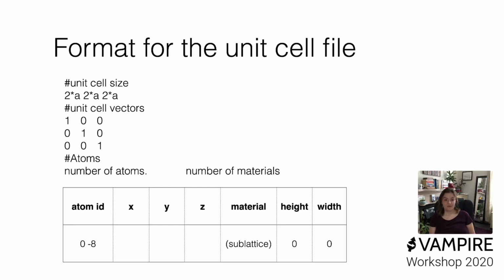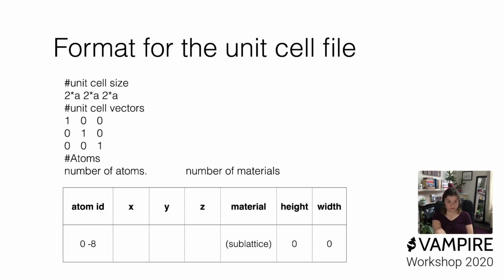And then for each one, we need to put the X, Y, Z coordinate and then the material, so that's the sublattice. So in there we either put a 0 or a 1, depending on whether the atom was red or blue. And then we put a height and a width. We'll keep both of those at 0 for now. That's just an output parameter, but for our simple system, just put 0 and 0 in both of those columns.